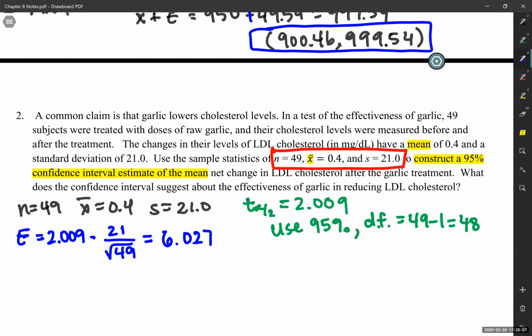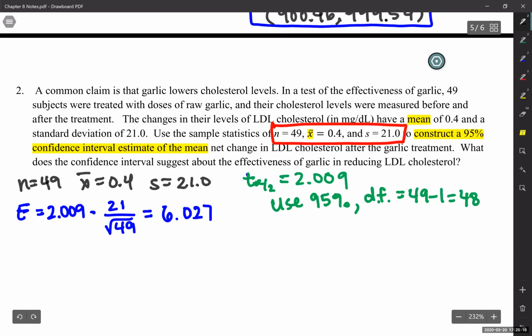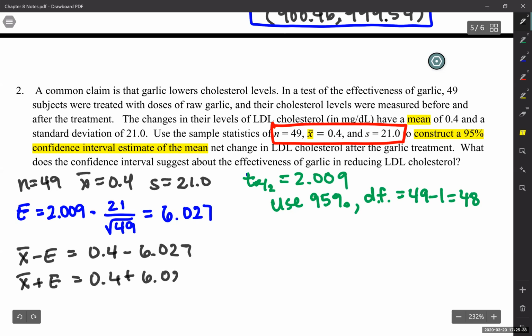All that good stuff. So now that I have this stuff, I'm going to get ready to write my final answer, or I'm going to be getting closer to that. So I have x bar minus E, x bar plus E. X bar is this tiny number, 4/10, and E is so large that when I subtract my 6 from my 4/10, I'm going to get a negative number, and that's okay.